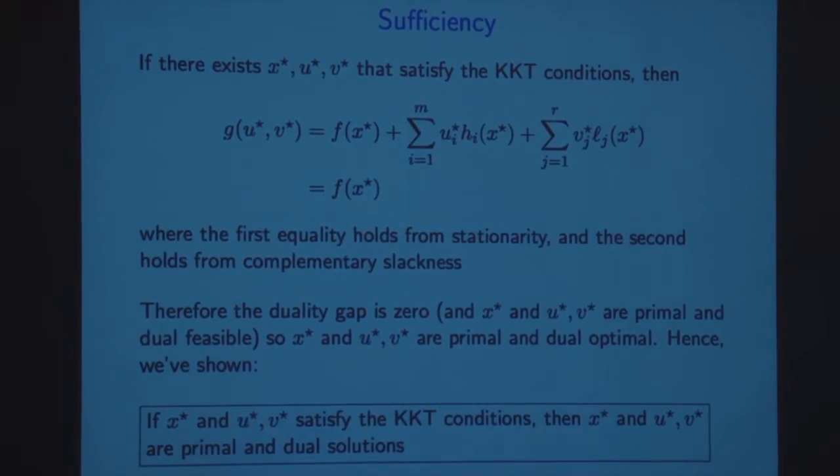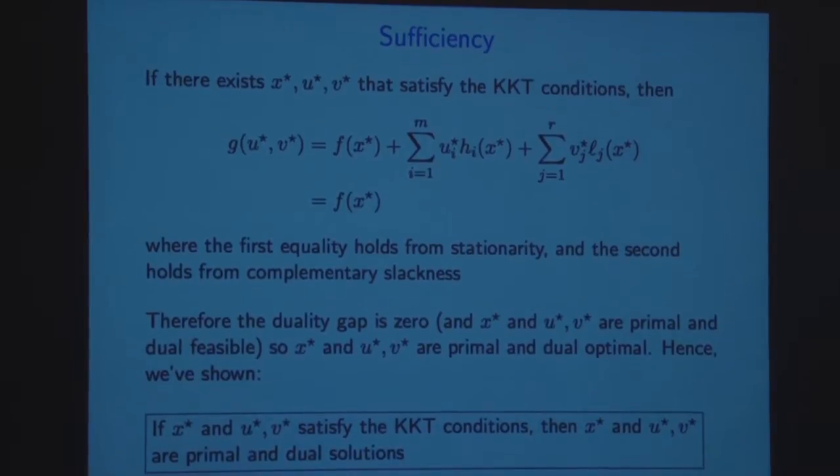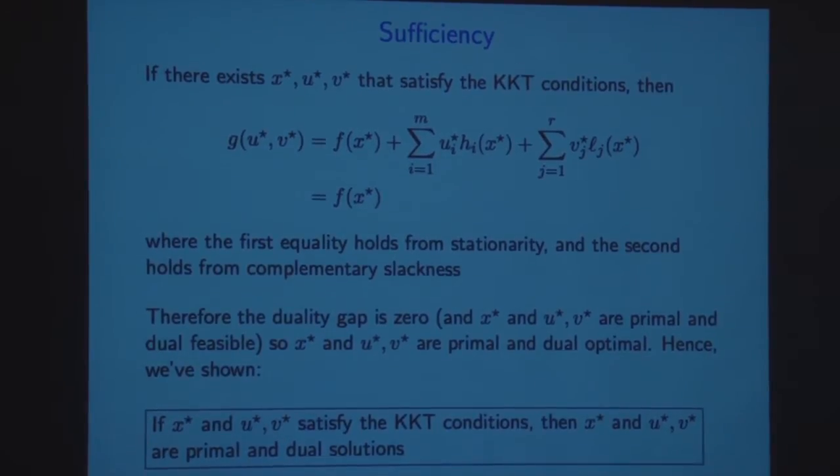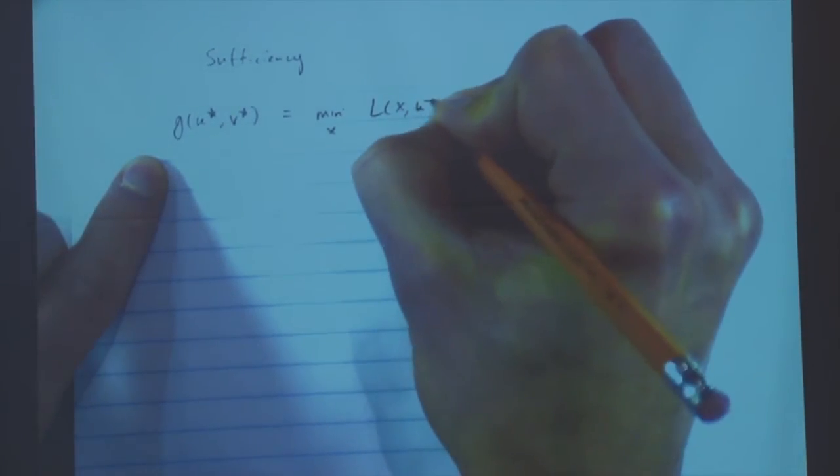Okay, well, let's write down the Lagrange dual function, which is the minimum over all x of the Lagrangian, L(x, u star, v star).